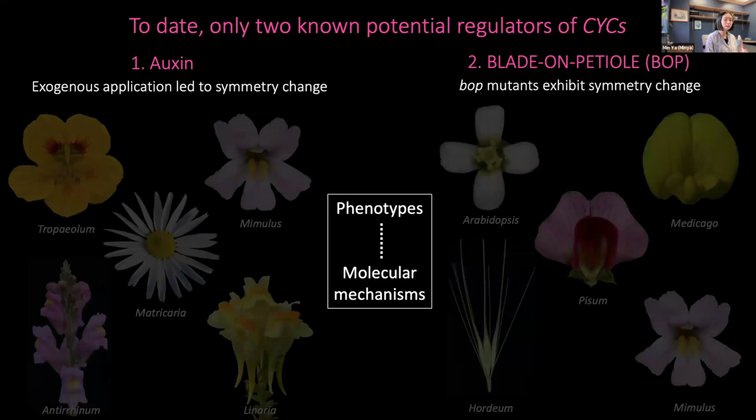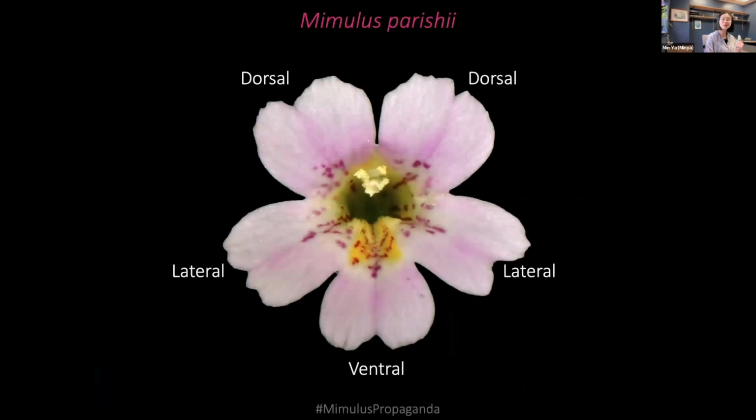And this moment did not come until recently, and here's my very cute Mimulus flower. A bilaterally symmetric flower, but also can be easily transformed, so a truly emergent model system. And now we can use Mimulus to really address those mechanistic questions regarding symmetry breaking in making flowers.